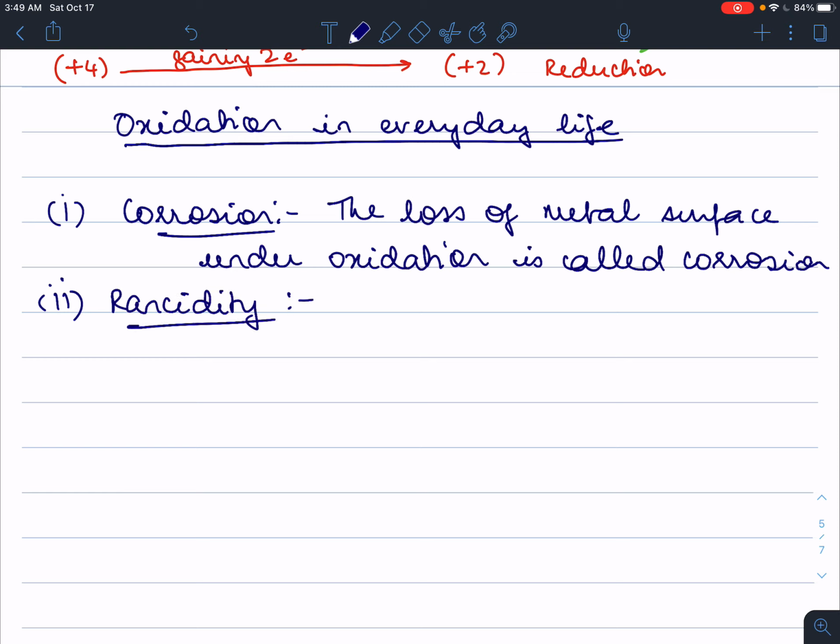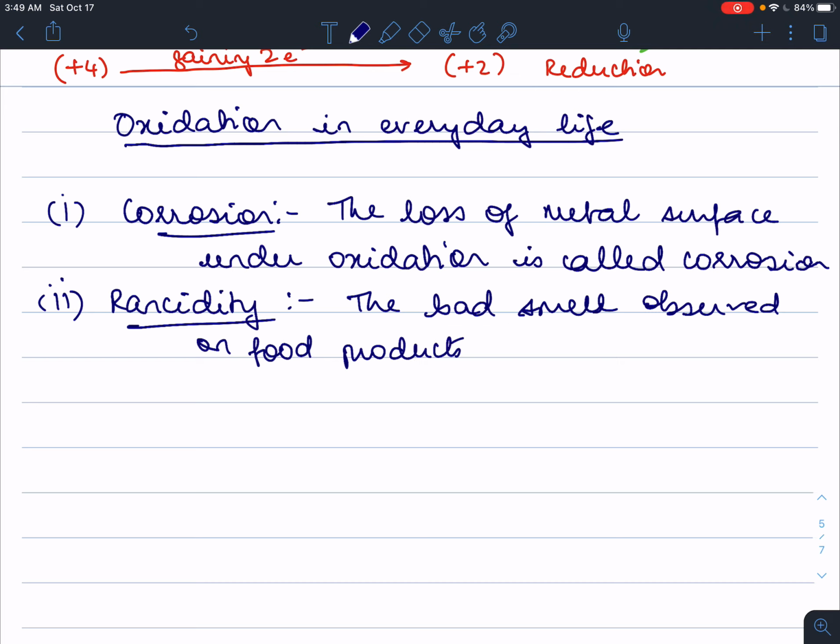So what is rancidity? The bad smell observed on food products with oil or fat caused by oxidation.